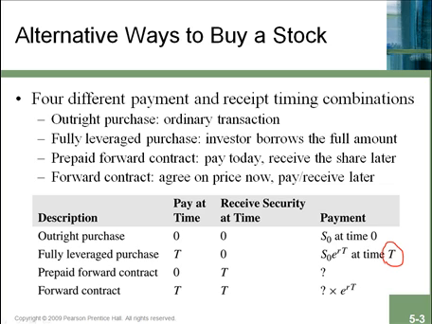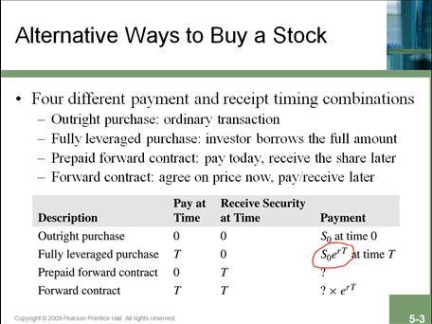So what do you think the payment would have to be? Well, it's going to be S0 times e to the RT, assuming that we have continuous compounding and assuming that you are able to borrow at the risk-free rate. Now, why is that true? Well, the answer is because you had to borrow S0.